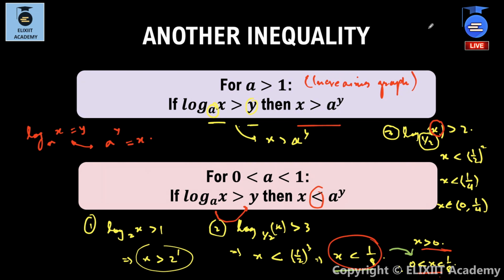Basically, we are taking the intersection of these two inequalities. So while solving complicated questions, after solving x is less than 1 by 8, then solve for the domain, and then take the intersection of those two. See whether the intervals what you are getting is satisfying the domain or not.